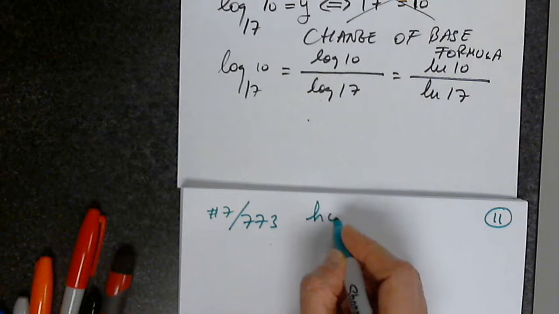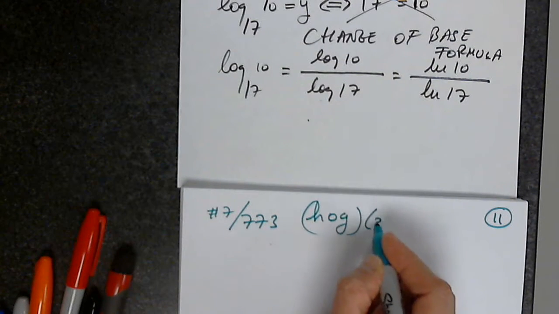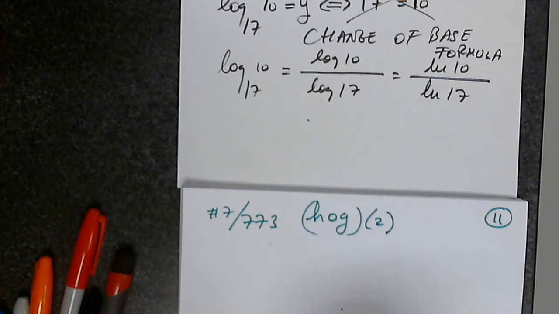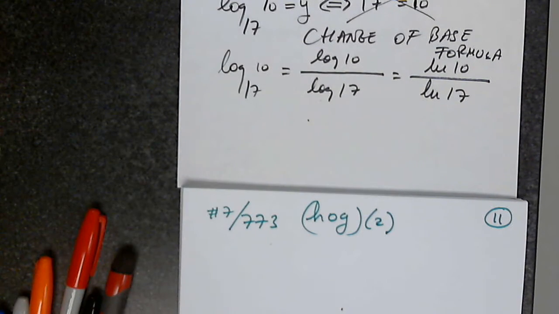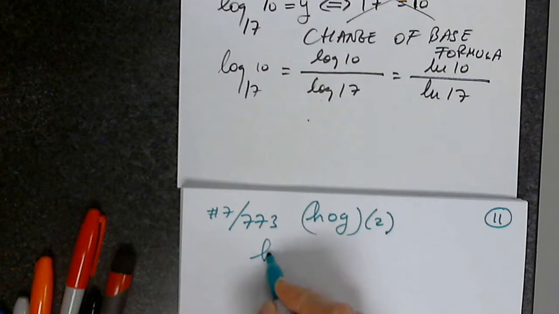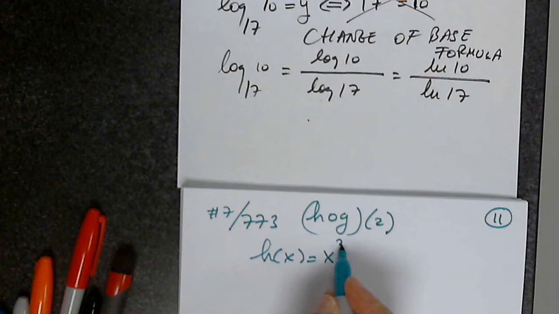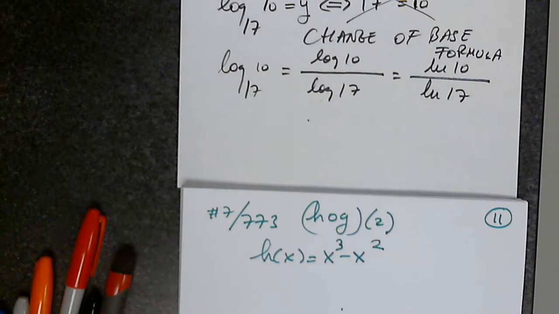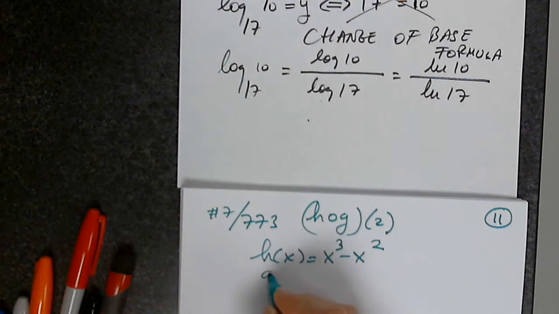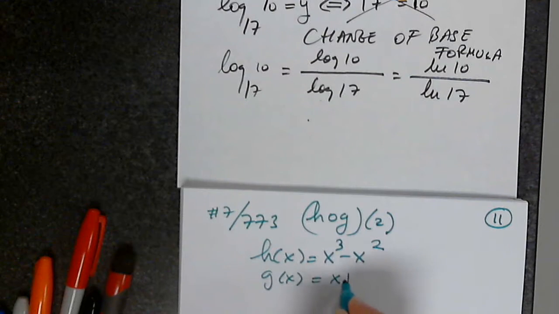We're asked to find H comp G of 2, and we are given H of x equals x to the third minus x squared, and we are given G of x equals x plus 1.